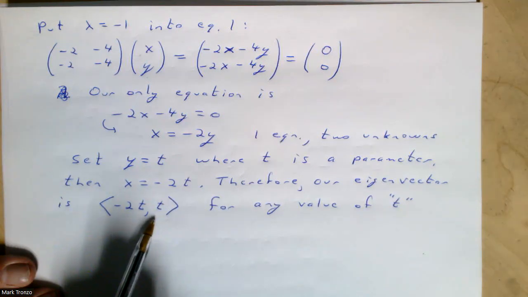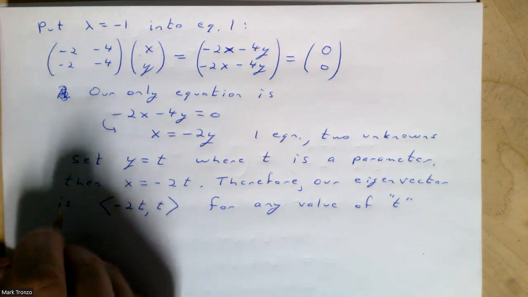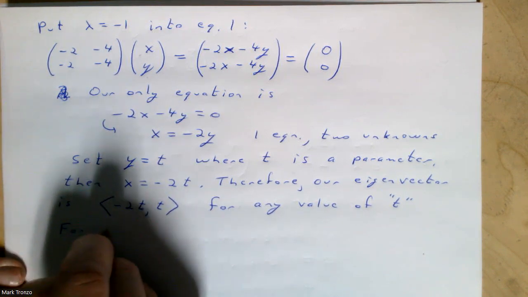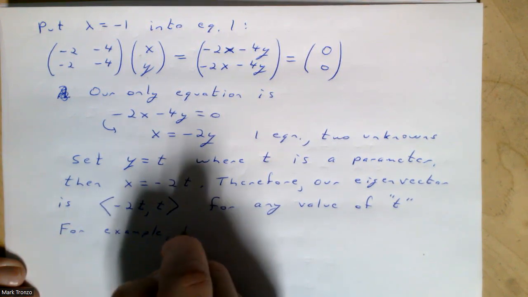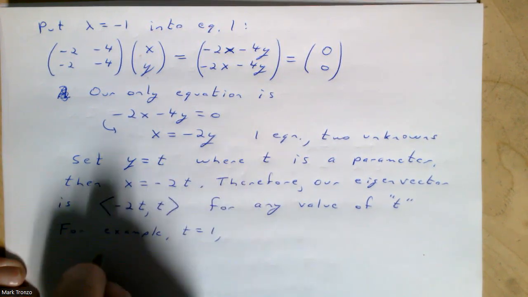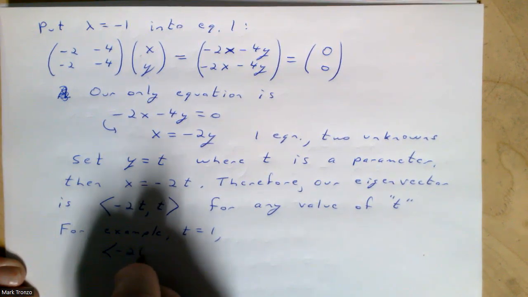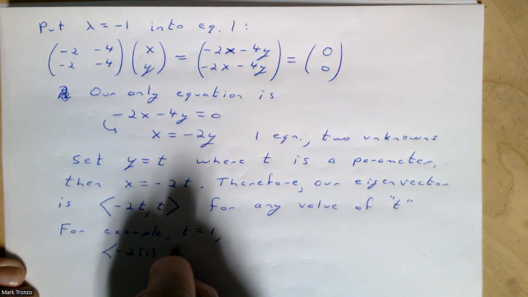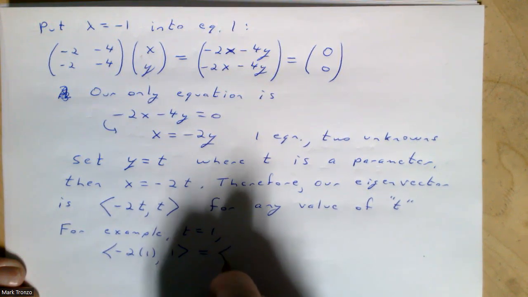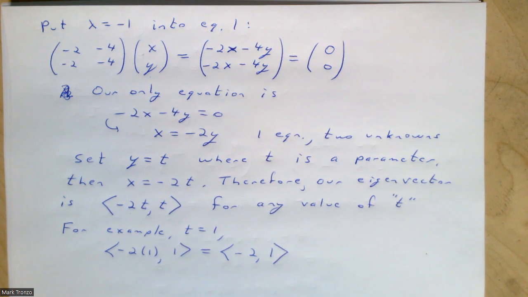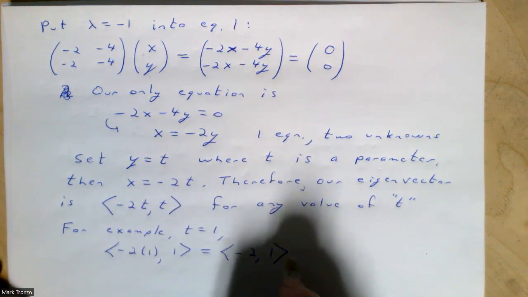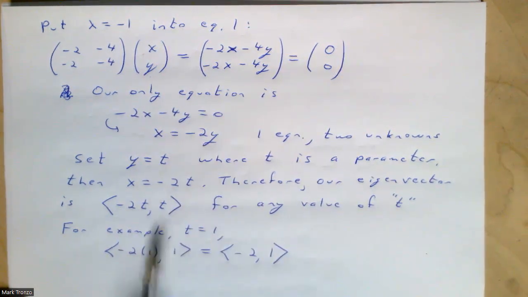They might set t equal 1. So this is an eigenvector, or any value of t will give you another eigenvector if you want another one.